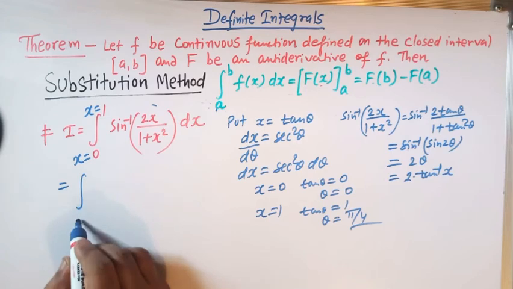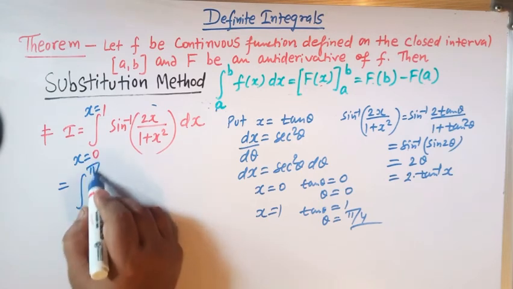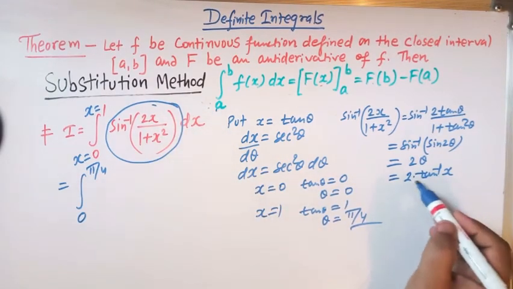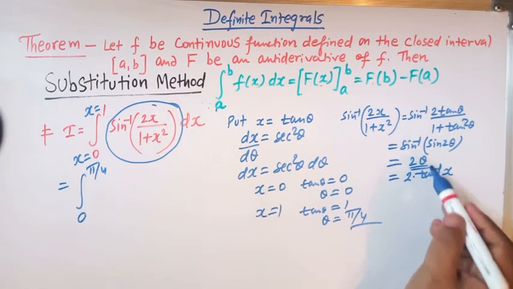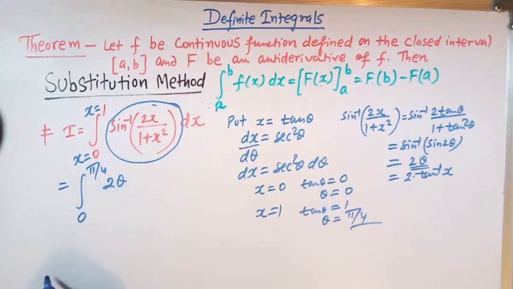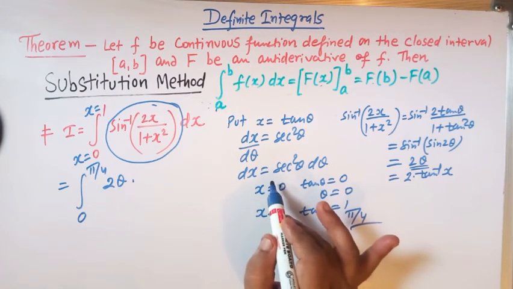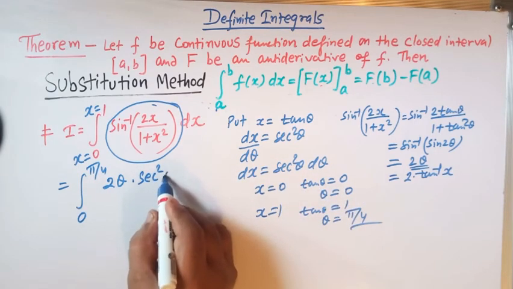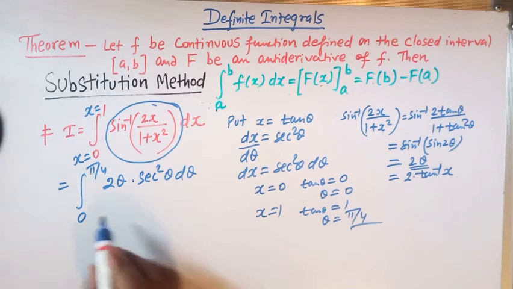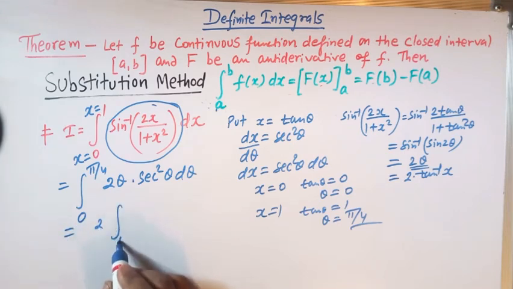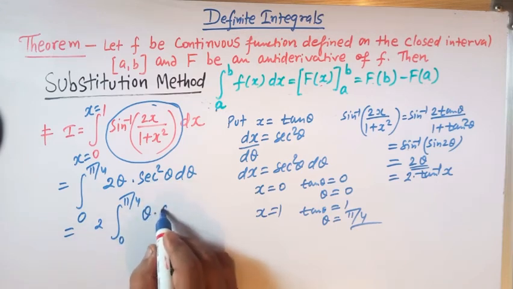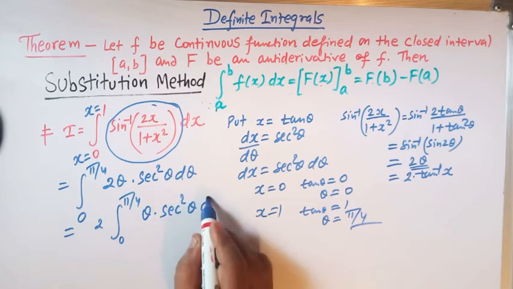So this integral becomes 0 to pi by 4, and for this term we have 2 theta, and for dx we have sec square theta, right? Now this can be written as 2 times the integral from 0 to pi by 4 of theta times sec square theta.